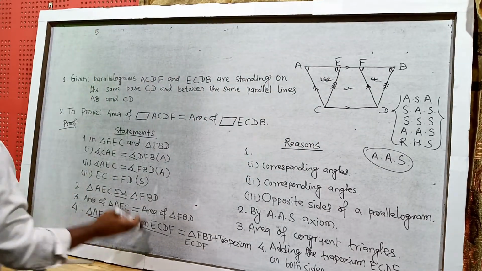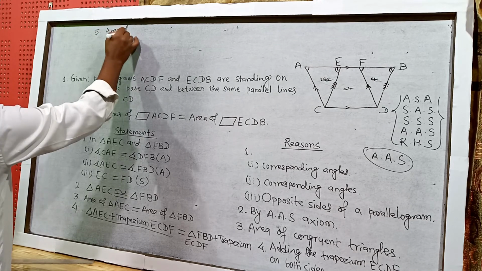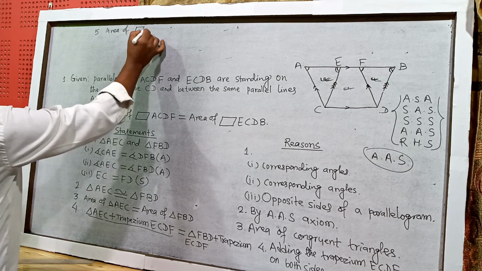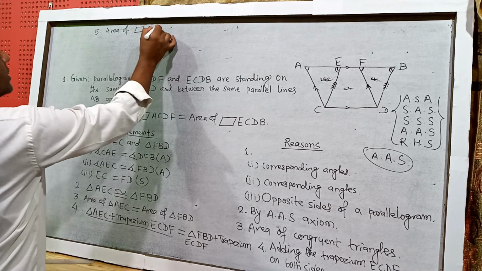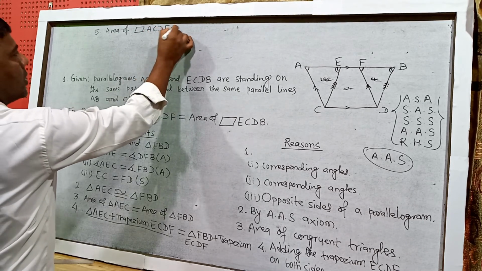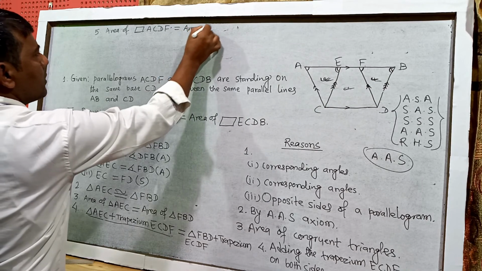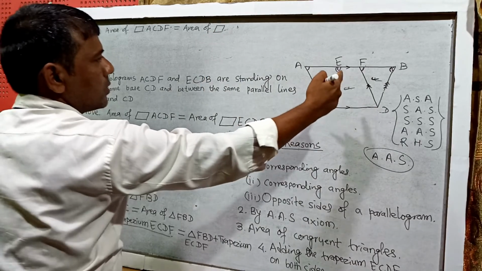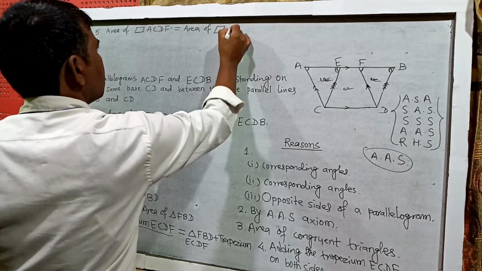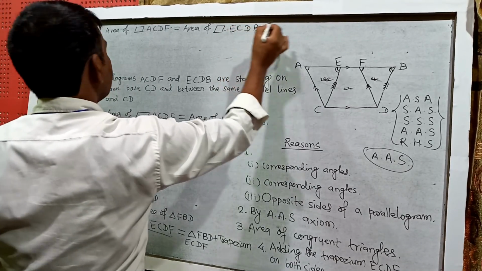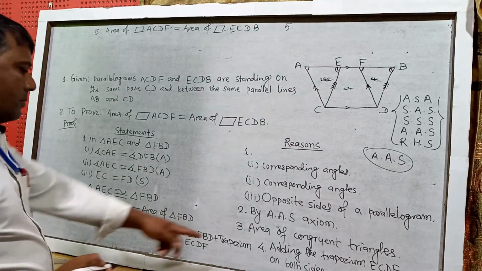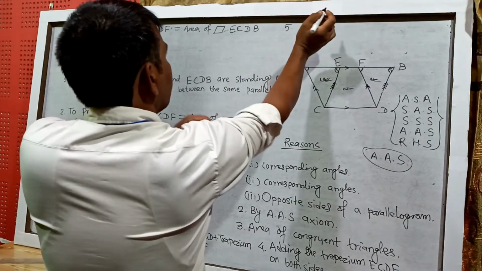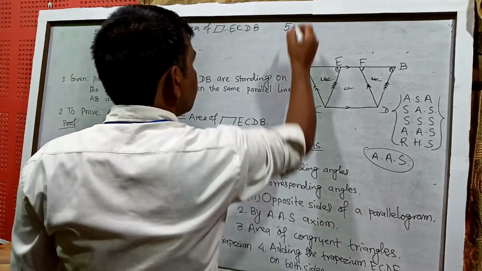Area of parallelogram ACDF equals area of parallelogram ECDB. 5 number reason: from statement 4, or whole part axiom from statement 4.